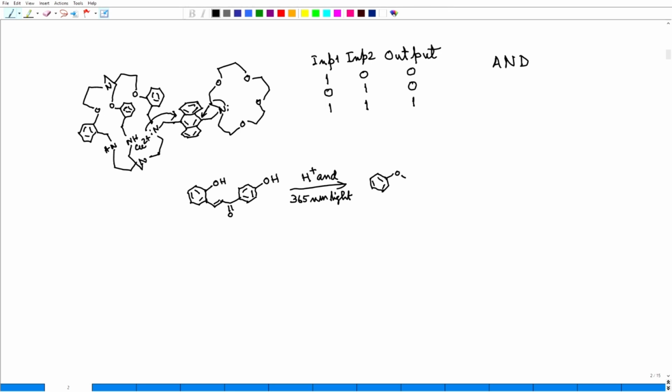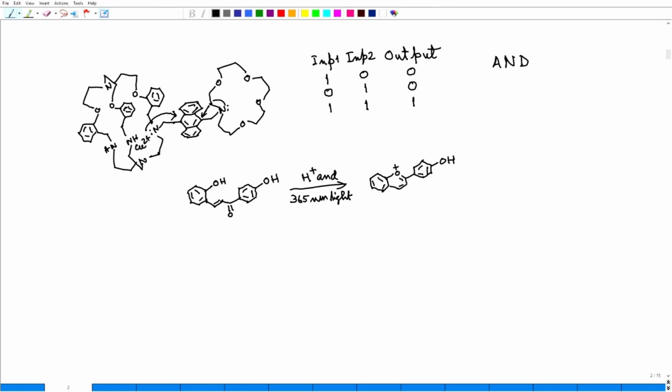This compound is very strongly fluorescent. Okay. So, that is the significance of H plus and 365 nanometer light.